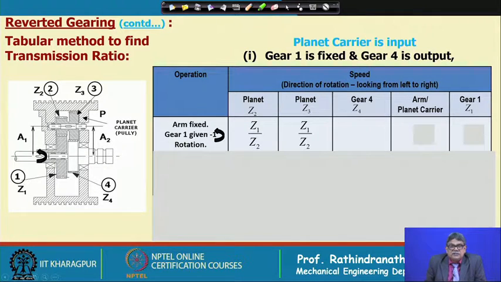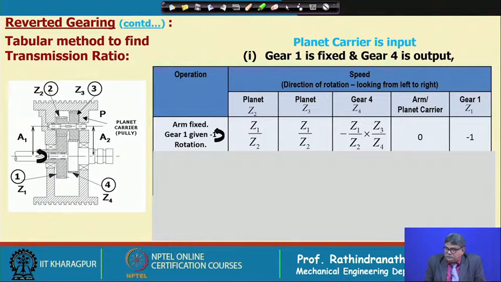So, it is Z1 by Z2, and gear 4 will rotate in the opposite direction, and it is a simple gear ratio of a compound gear train, that is Z1 by Z2 into Z3 by Z4, and the planet carrier has no motion, 0, we have kept it fixed, and gear 1 is minus 1 as we have given this rotation.